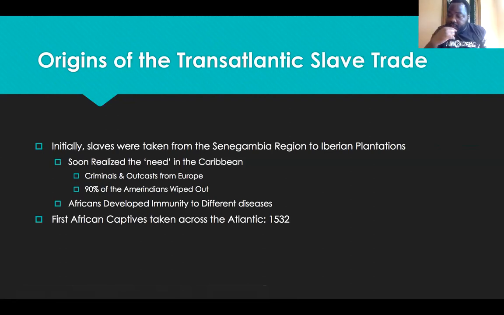Well, shortly, something important happens between the late 1400s, when people were being enslaved and taken into slavery in Iberia, and the move to something that changes that.